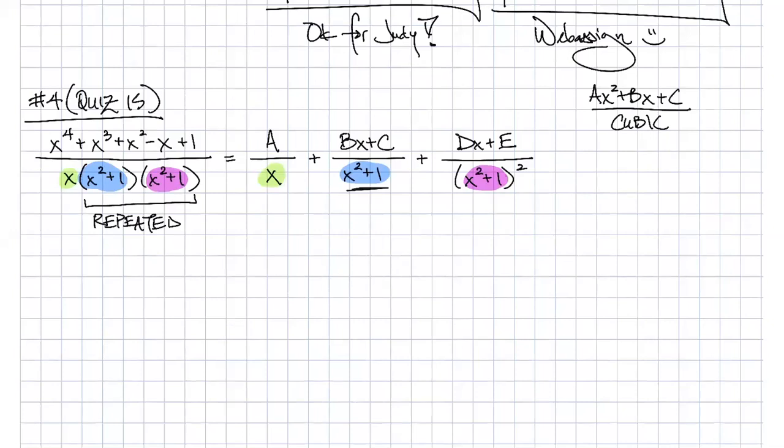Now we need to create common denominators on both sides. I noticed that I have the green and the blue and the purple on the left-hand side, which means that every single fraction on the right-hand side needs to have the green, the blue, and the purple in that fraction.